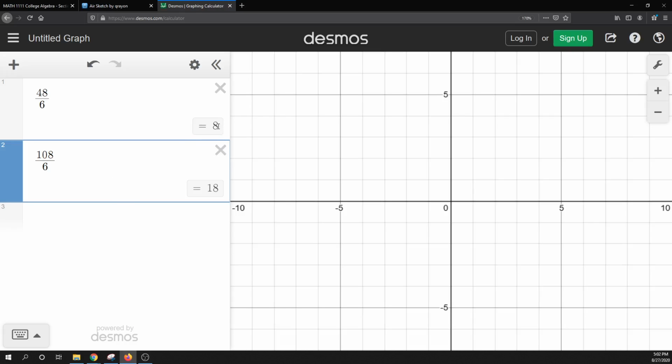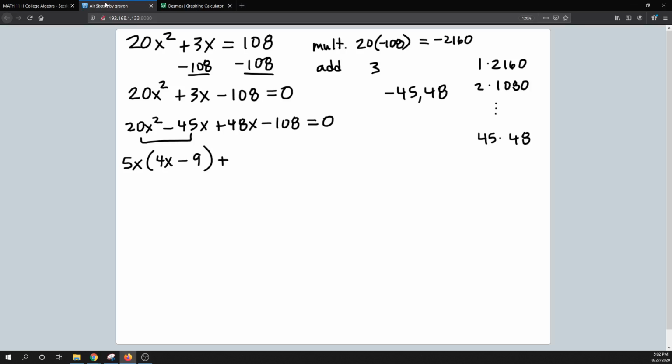We can see, right, that actually, yeah, it's 12, right? 12 goes into both of those. And so we can see 12, right? 4 and 9 have nothing in common, right? So that's the greatest common factor of those two. So we would pull out a 12.